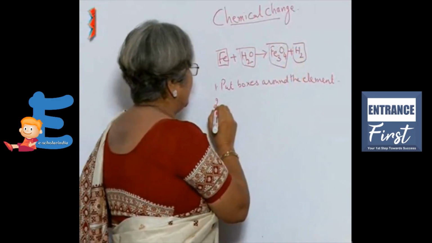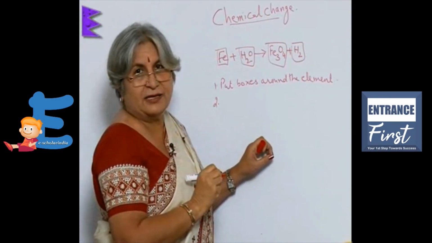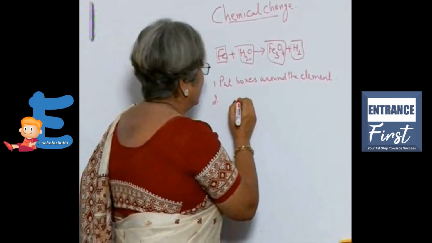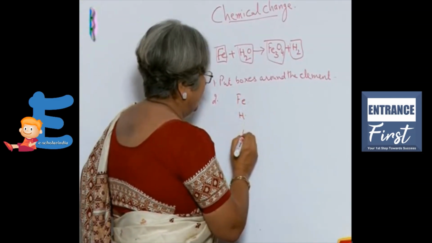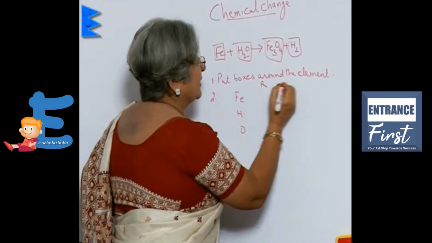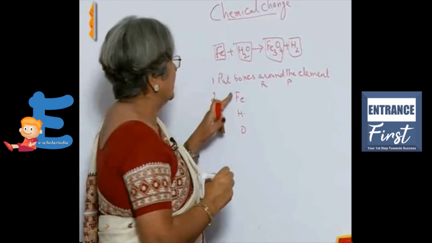In the second step, we write down the number of atoms of every element. For example, we have iron, we have hydrogen, we have oxygen. Here are the reactants, here are the products.